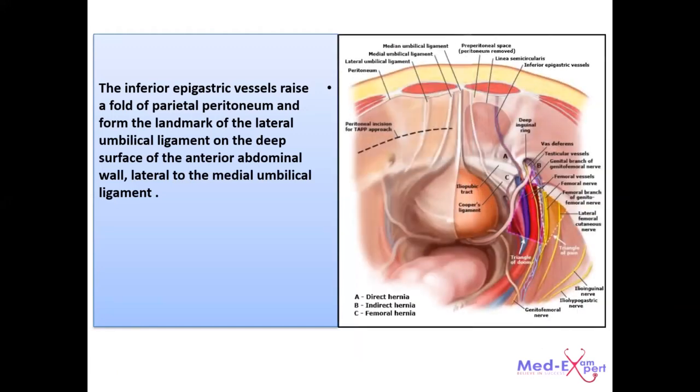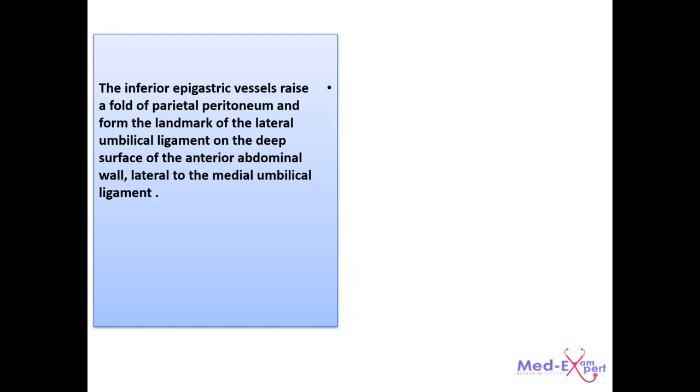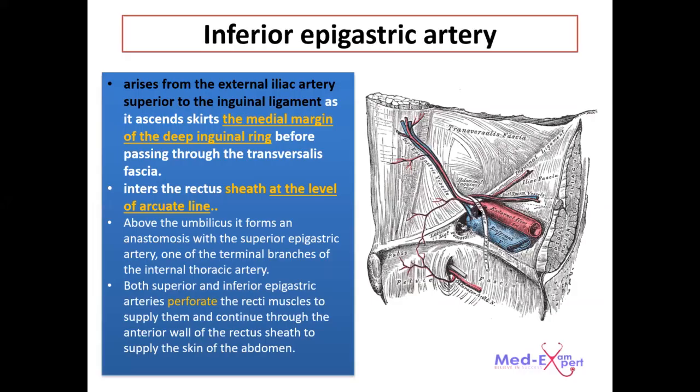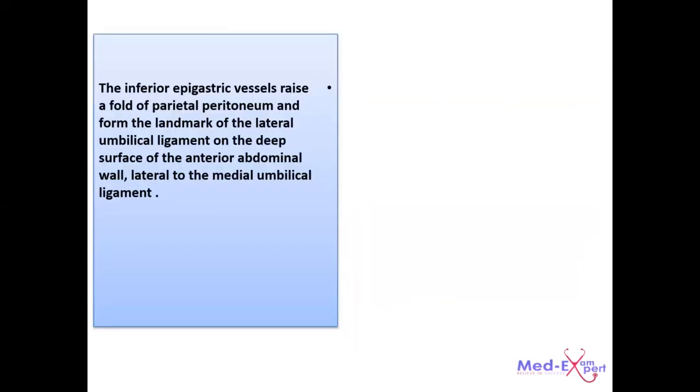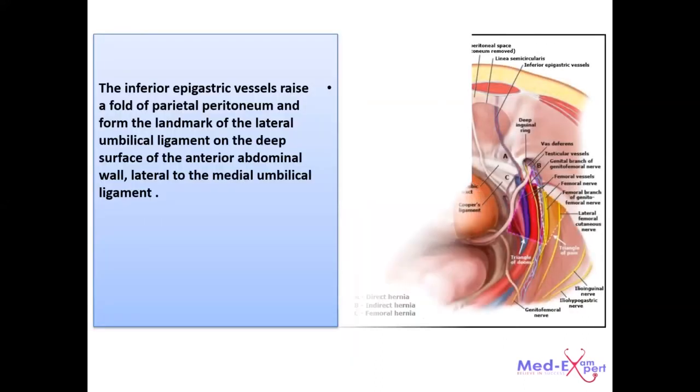Okay. The inferior epigastric vessel raises a fold through its course, as we are showing here. Through this course, it's covered from inside by parietal peritoneum, okay? So because it's covered by this part of peritoneum, it will raise it up and cause a fold.